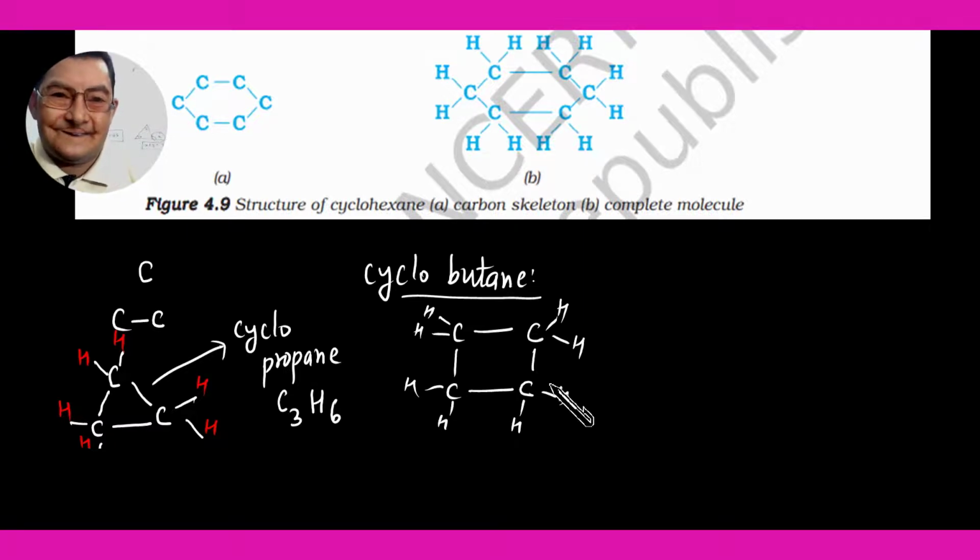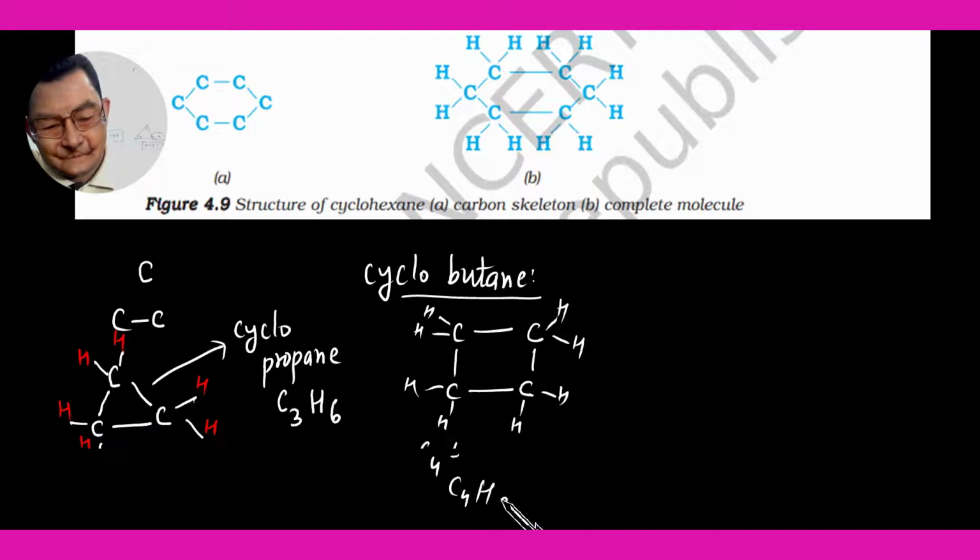So we've completed the valencies, right? So this is called cyclobutane, C4H8. Cyclobutane, C4H8. Right?